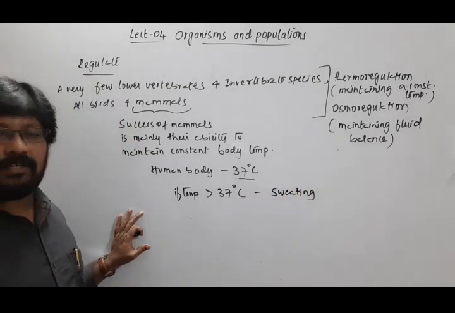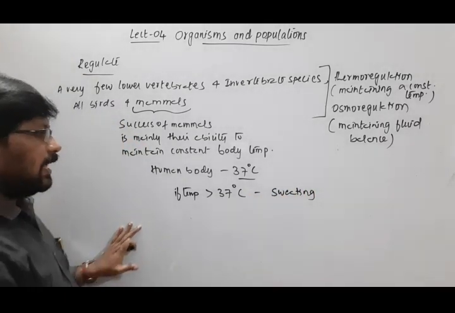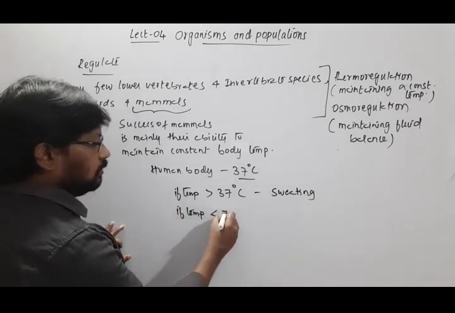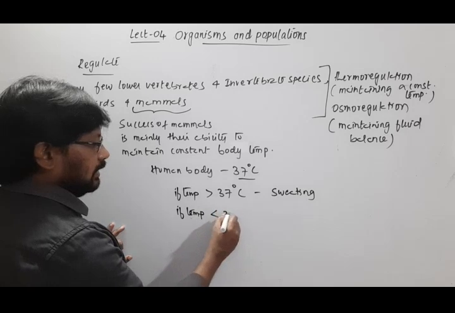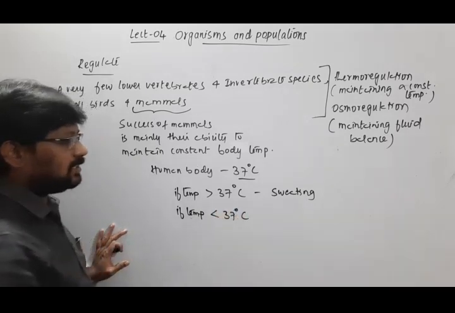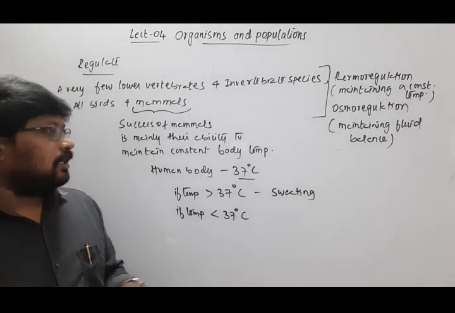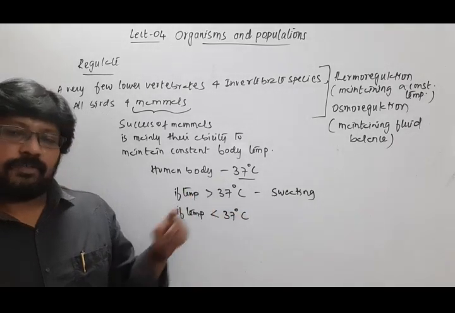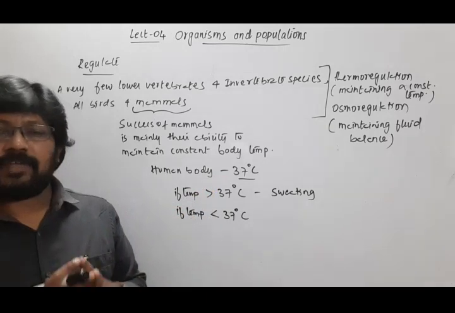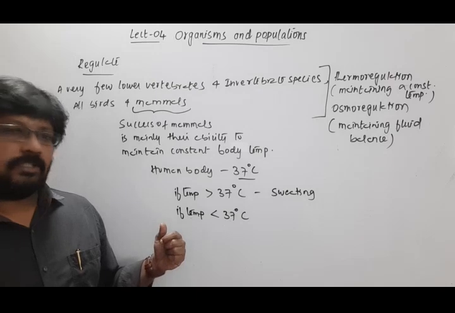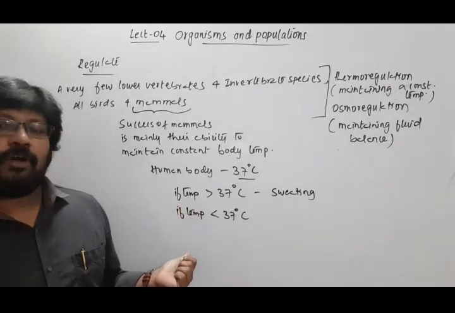produce a cooling effect. And then if the temperature falls below 37 degrees Celsius, here I'm talking about the external temperature, so this is the best temperature. If the ambient temperature is 37 degrees Celsius, then the person will not be showing any sweating or shivering.